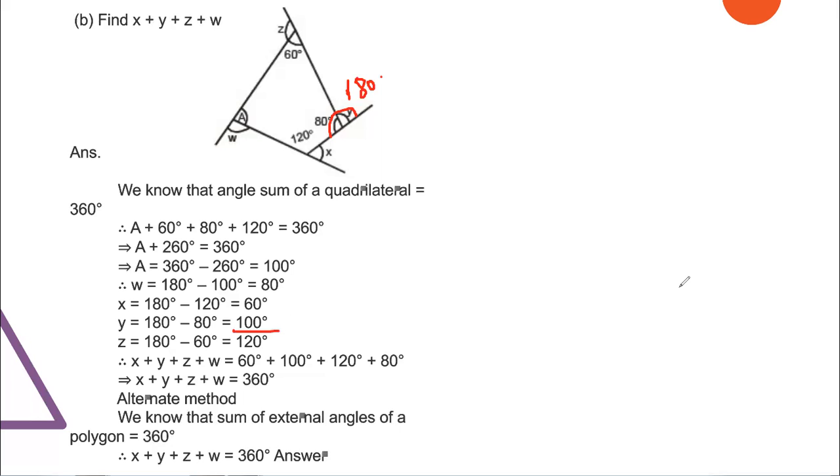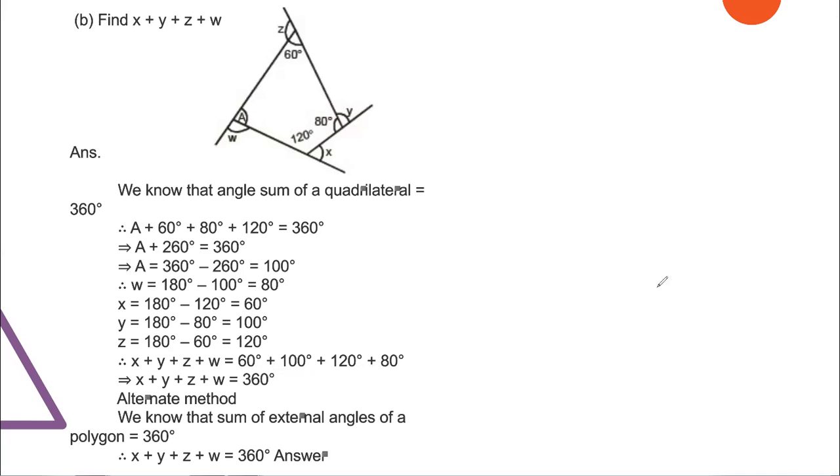Now let's find the value of z, the last value. z is again 180 minus 60, which is 120. Now to find x plus y plus z plus w, you just need to add up all the angles that we just found. So 60 plus 100 plus 120 plus 80 will be equal to 360.